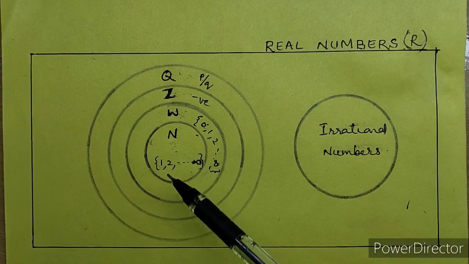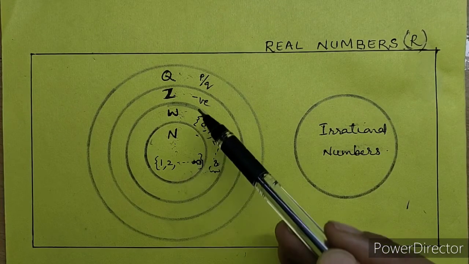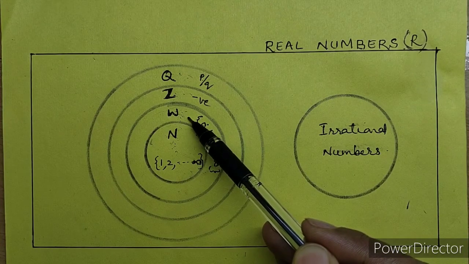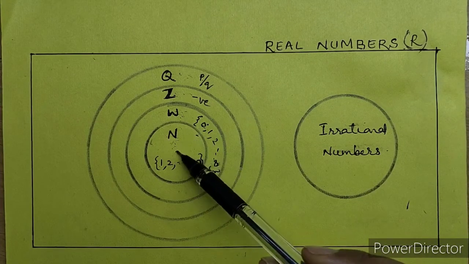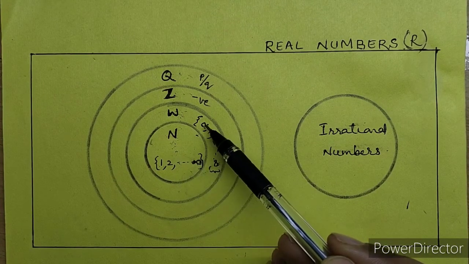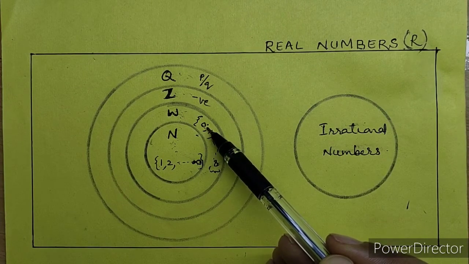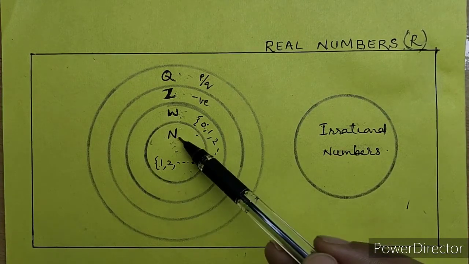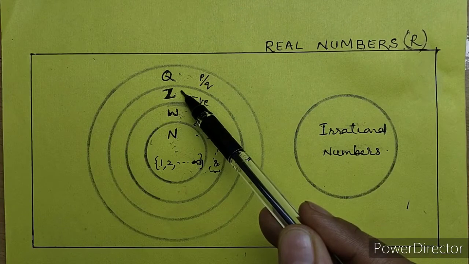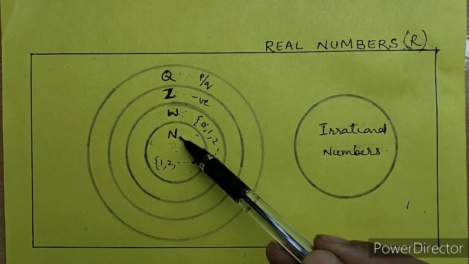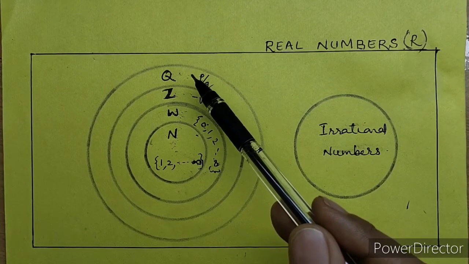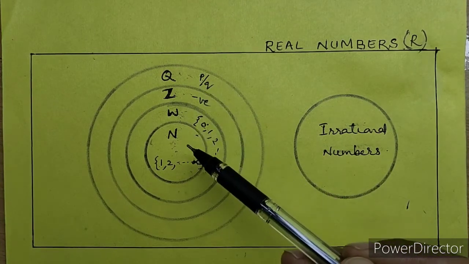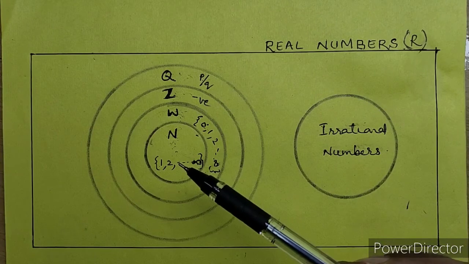So we can say that every natural number is a whole number. But just the opposite, every whole number is not a natural number, since 0 is the exception. Similarly, all the natural numbers are integers also, and all the natural numbers are rational numbers also, because you can write any number in p by q form. For example, 5 you can write as 5 by 1.